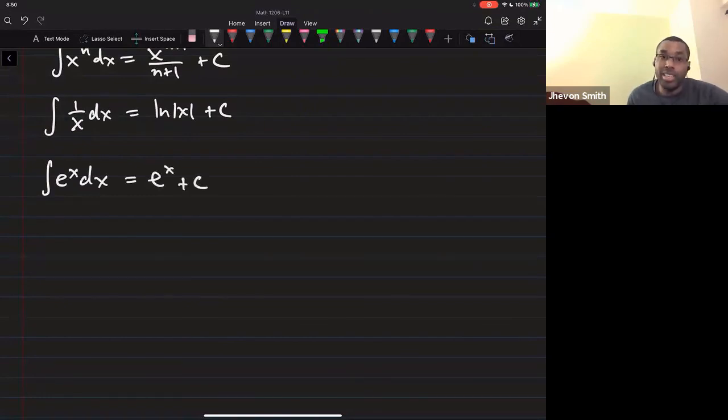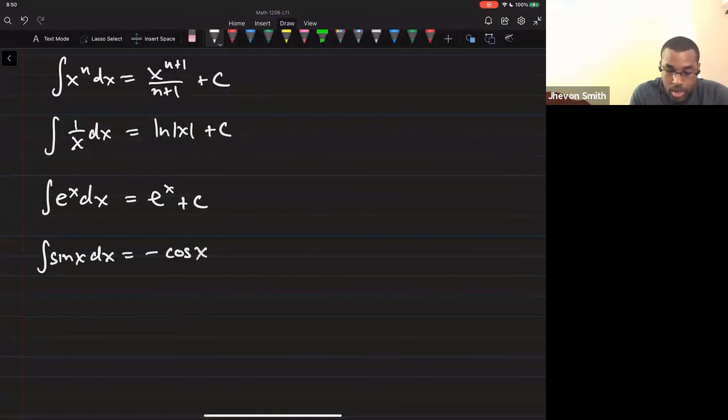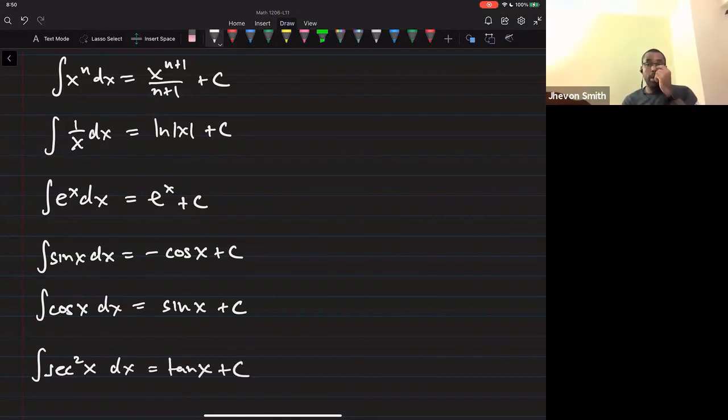since the derivative of e to the x is e to the x, we can have for the sine of x, that's the negative cosine. For the cosine of x, that's the positive sine plus c. We can anti-differentiate secant squared. We know that gives us tangent because the derivative of tangent was secant squared, and et cetera, et cetera.